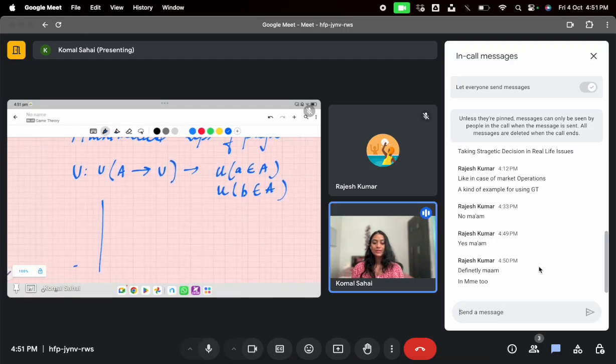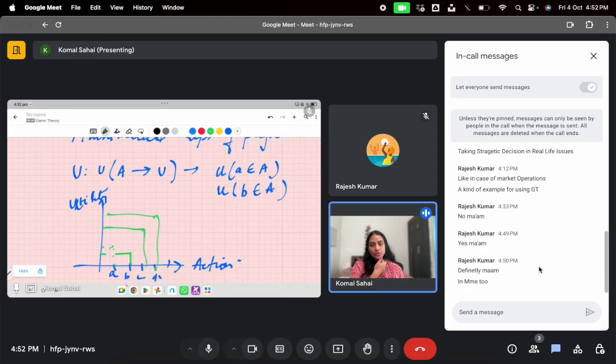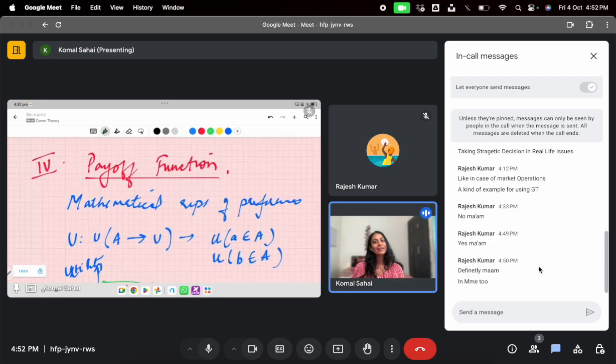Just like we have an x and y plane, here all your actions are plotted: A, B, C, D, all these actions are available to you, and here your utility is plotted. So for every action, you have a particular utility. Given this action, this much utility, this much, this much. This is your utility function. In game theory, the term you will come across is the payoff function, but they are essentially the same.